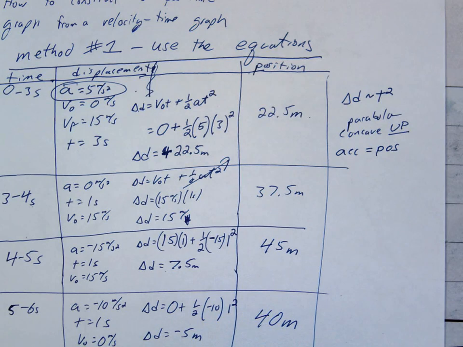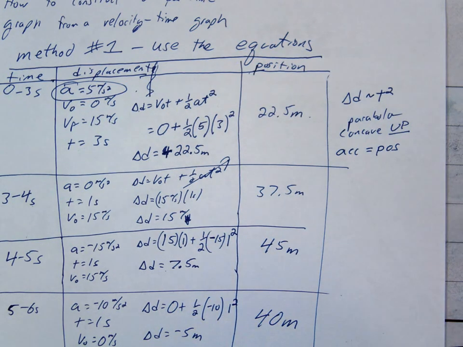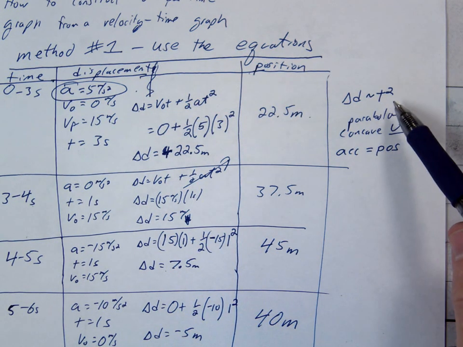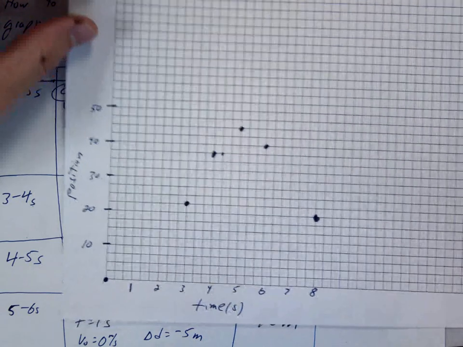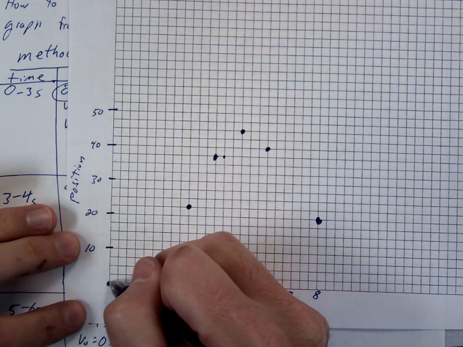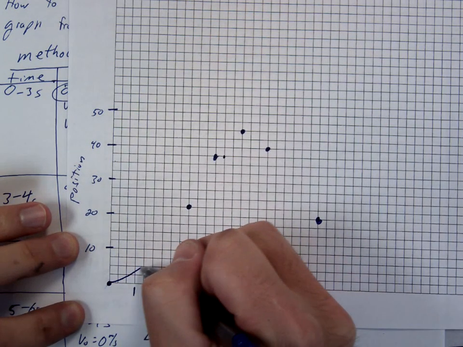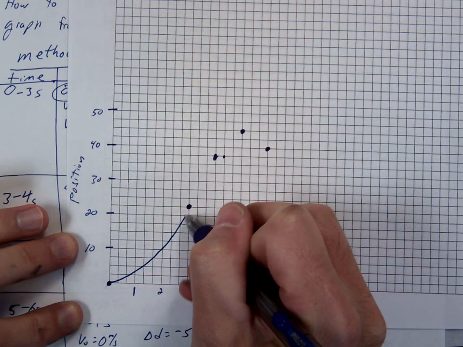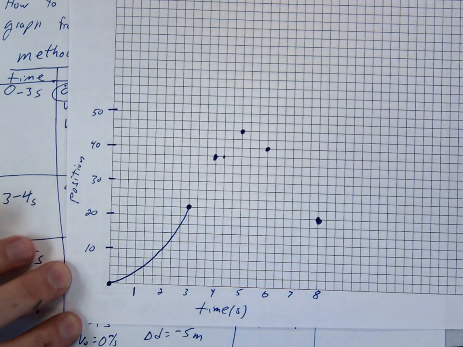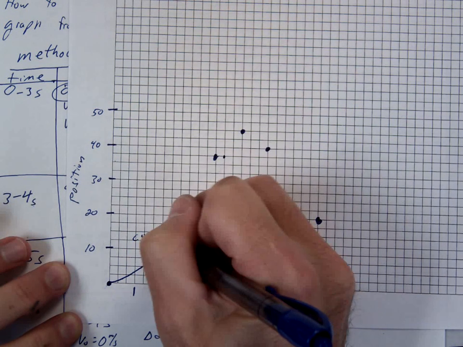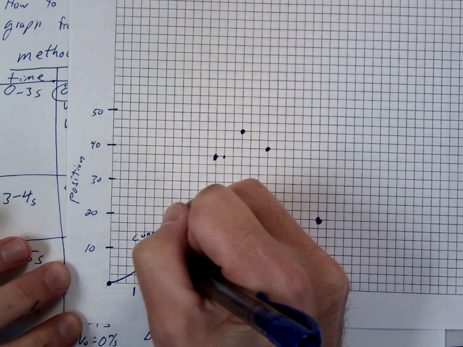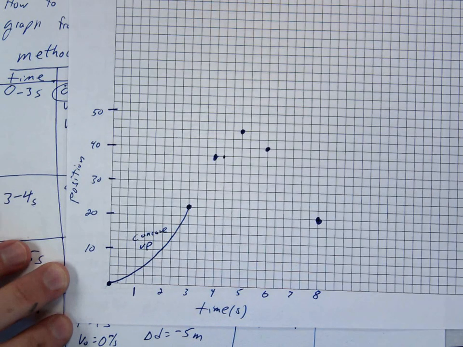Whenever you have a positive acceleration, you're going to get delta d proportional to t squared, which produces a concave up type parabola. So the way you would connect this is you draw, as best you can, a concave up type parabola here. Concave up shape.